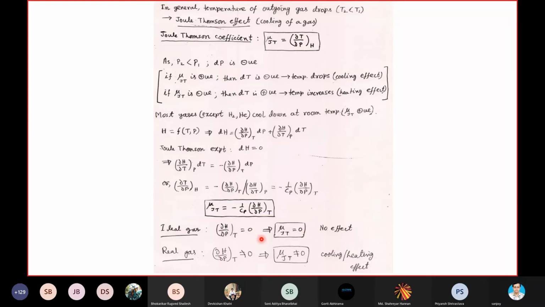That's why Joule, you remember we talked about the Joule experiment, could not differentiate between ideal and real gas. He always said that there is no effect. But that is valid only for ideal gas, because only for ideal gas this term is 0. So if you have an ideal gas, there will be no heating or cooling effect.